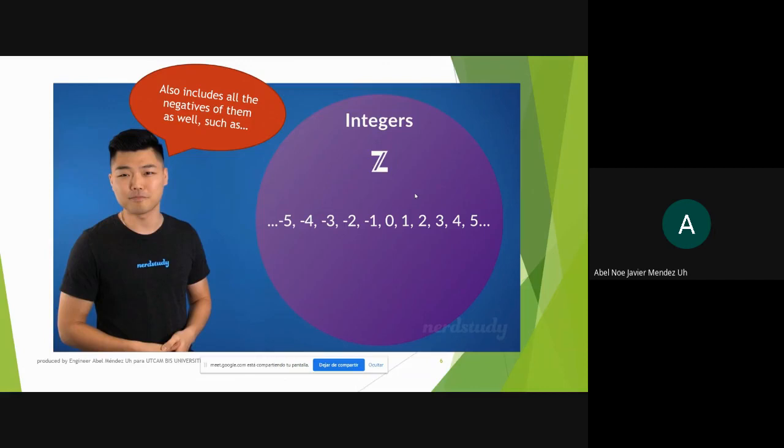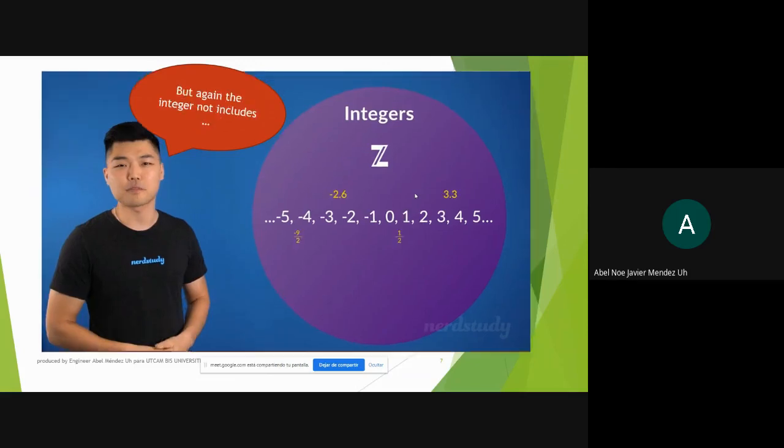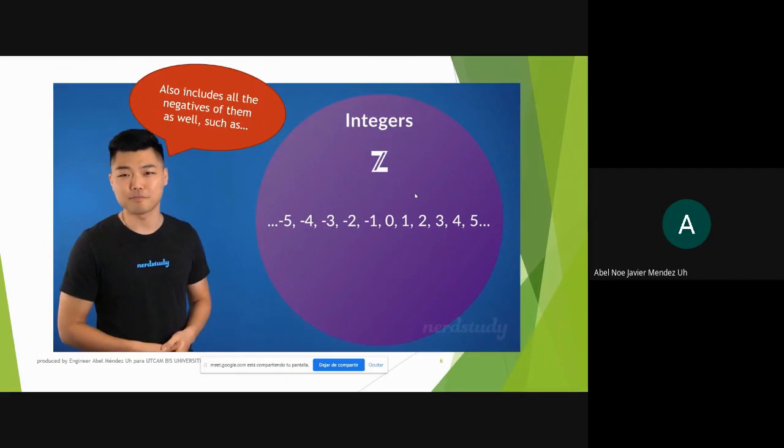They include the whole numbers, the capital W, which is zero plus the natural numbers. And the integers also include the negatives. Okay, zero, the natural numbers, the positives, and the opposites, the negative numbers.